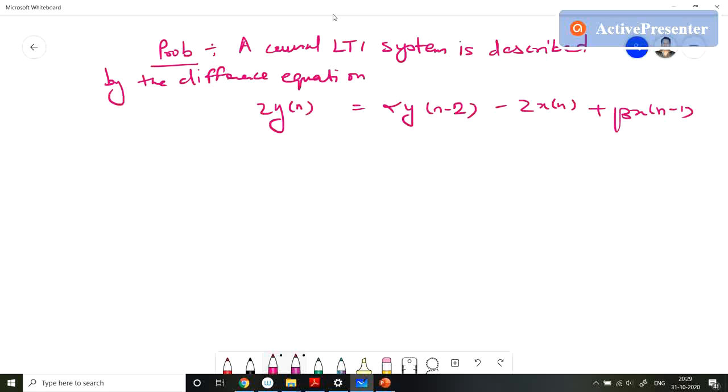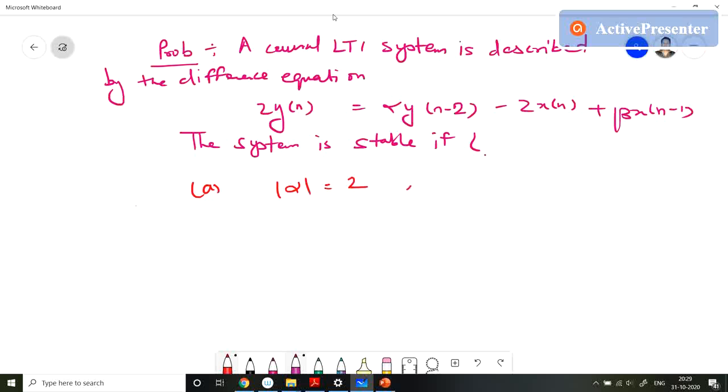Now the condition is, we need to find out the condition that the system is stable if the value of beta. So what are the conditions? We have various conditions. The first condition is when alpha is equal to 2 and beta is less than 2.